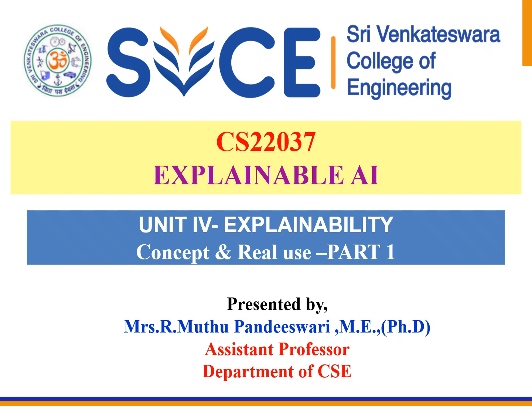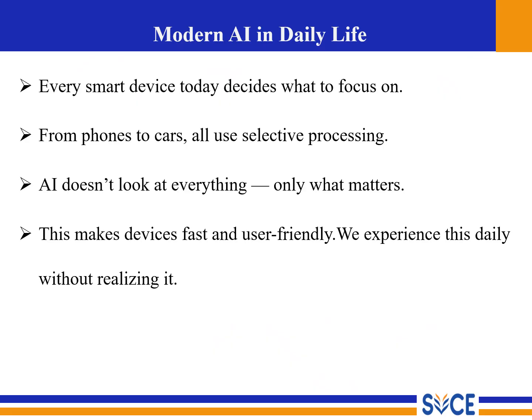Introduction to Explainable AI. So we have to see the concept and real use of explainability. First one, when we talk about explainable AI, we are not just discussing machines making decisions, but we are trying to understand how and why those decisions are made.